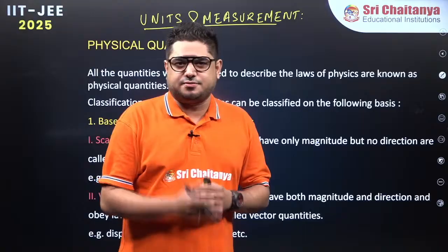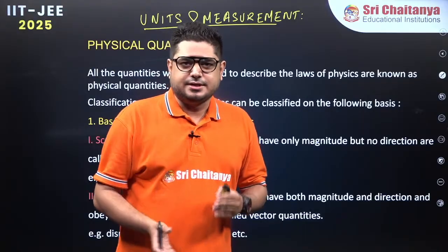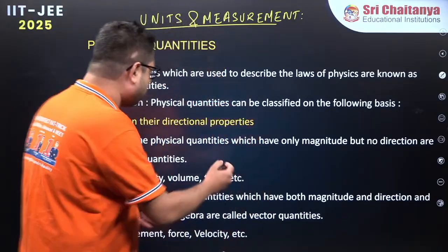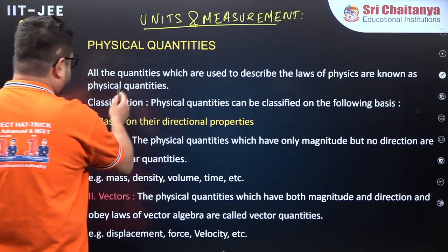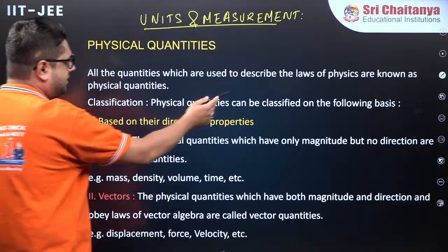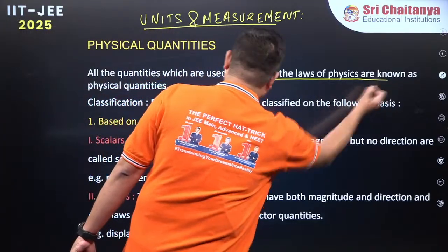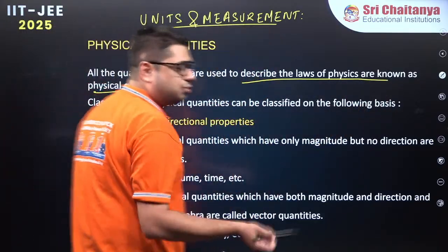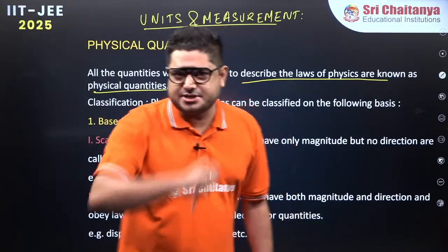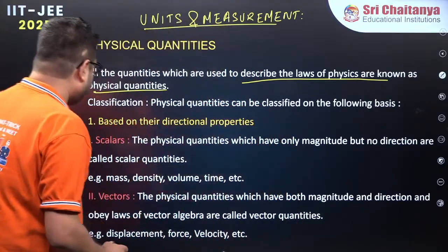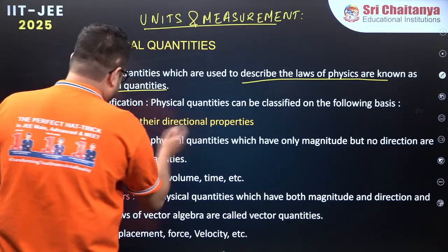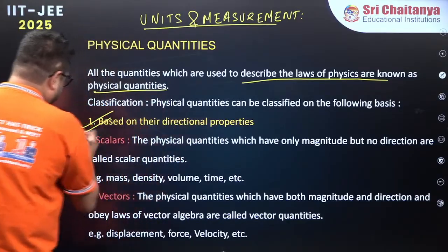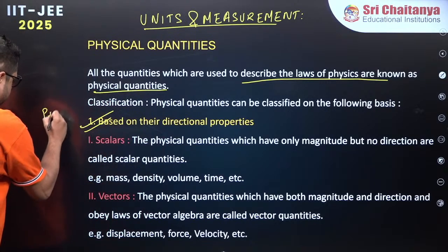One is on the basis of direction, another one on the basis of magnitude. All the physical quantities which are used to describe the laws of physics are known as physical quantities, and those are quantities which can be measured. You can classify them on the basis of direction, which we have already discussed in the previous chapter.